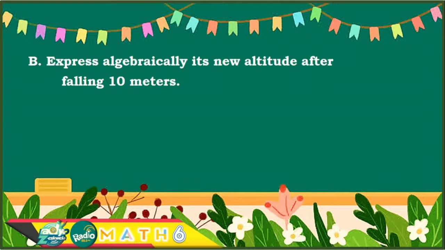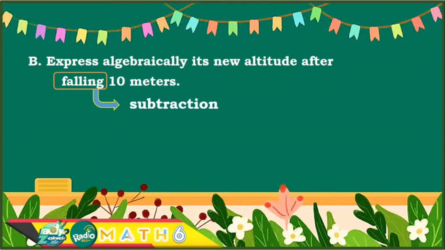Again, look out for the words that will give us a clue on what particular operation we will use. What clue word did you find? Very good. The word falling is the same as decreasing, which means we will use the operation in subtraction.